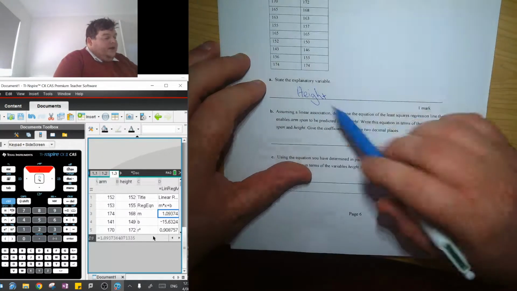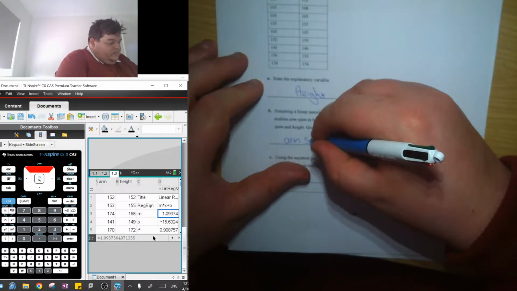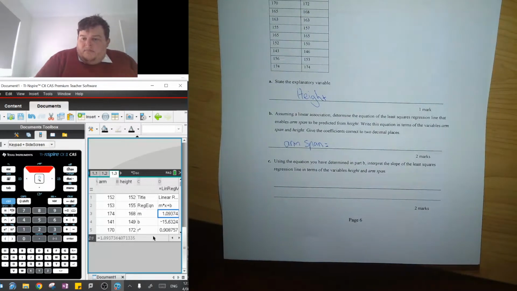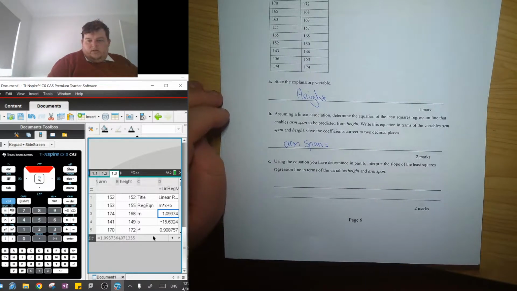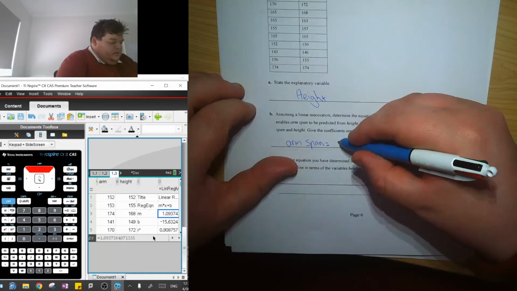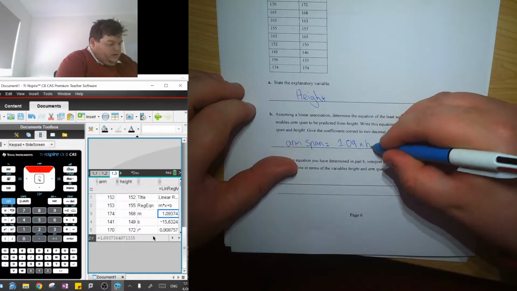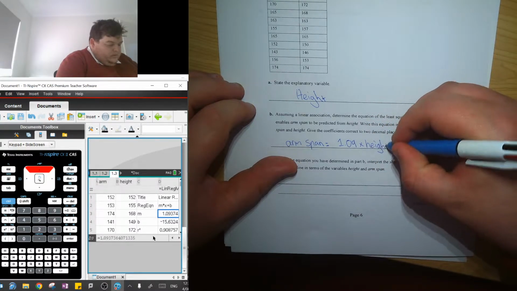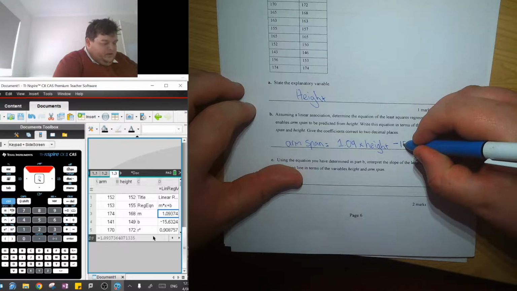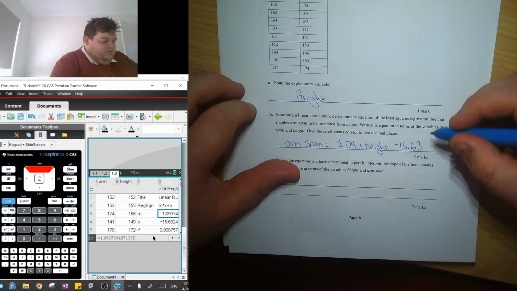So if y is arm span, we're going to say arm span is equal to, now the m is 1 point, what am I rounding to here? 2 decimal places. 1.09 times height, and then our b is minus 15.6, and I'm rounding down, so 6.3.